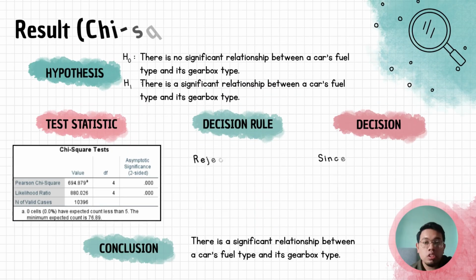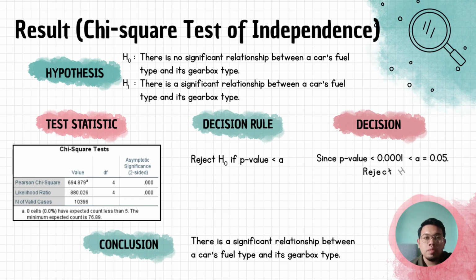Next is the result of the chi-square test of independence. The null hypothesis for this test is that there is no significant relationship between a car's fuel type and its gearbox type, and the alternative hypothesis is that there is a significant relationship between a car's fuel type and its gearbox type. The test statistic that we get from SPSS gives a p-value less than 0.0001.